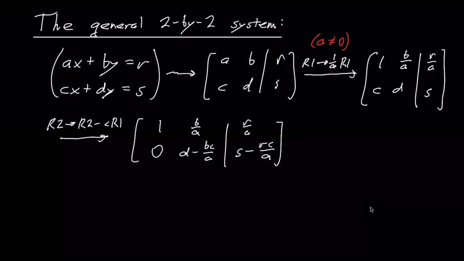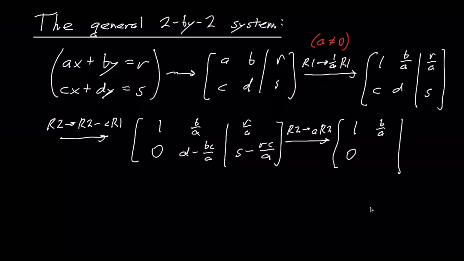Okay, then it's worth maybe scaling up by A, the second row, just to clear out the denominators. So 1, B over A, 0.